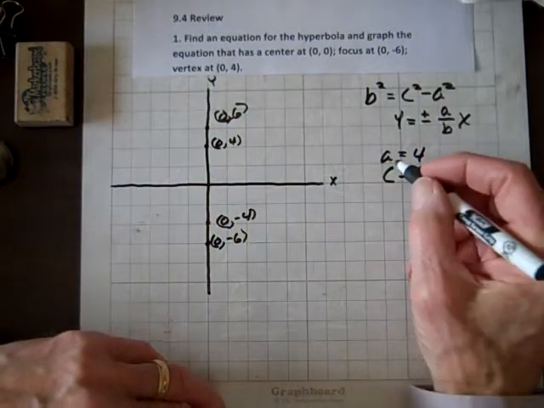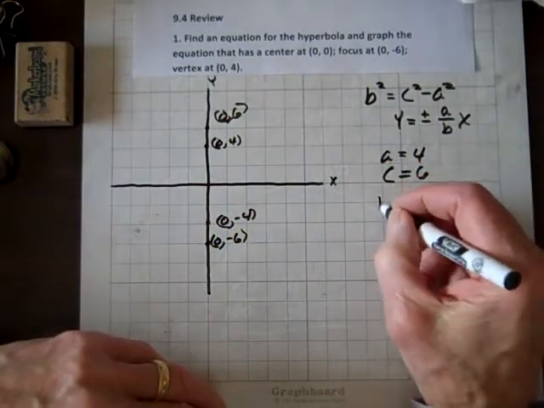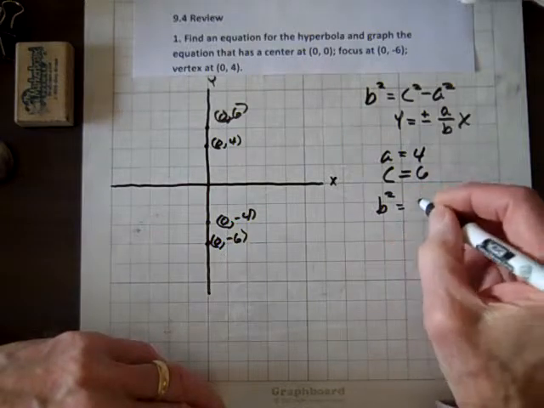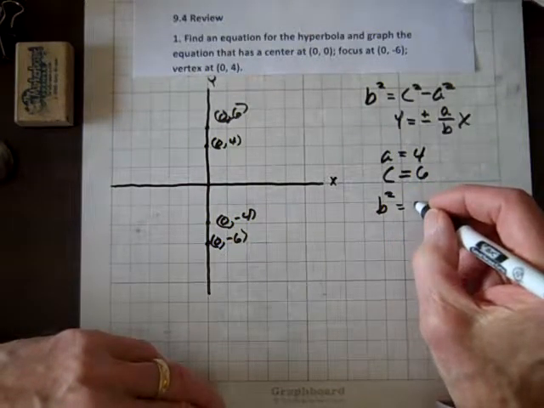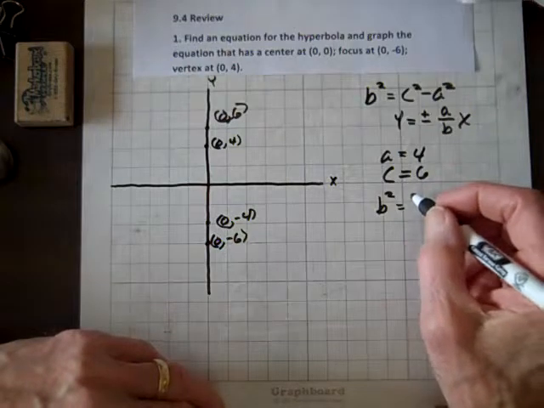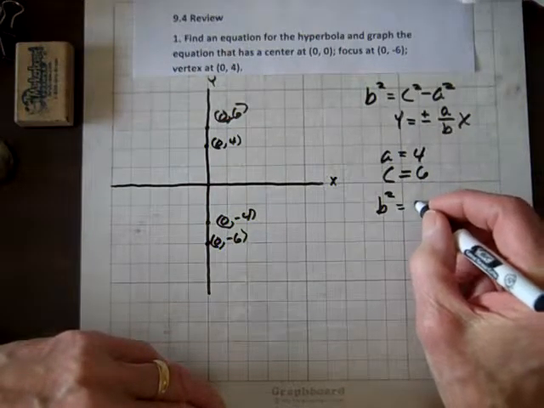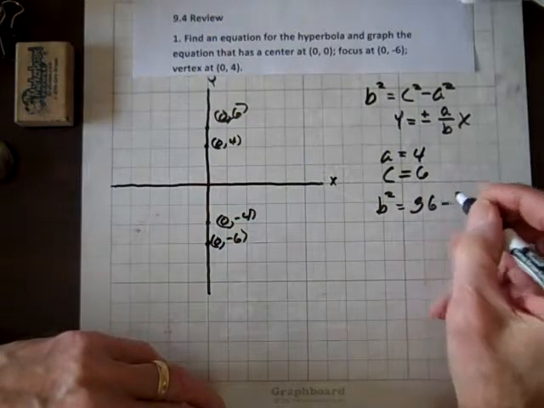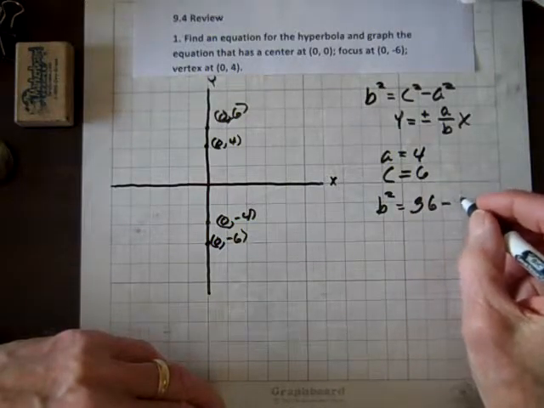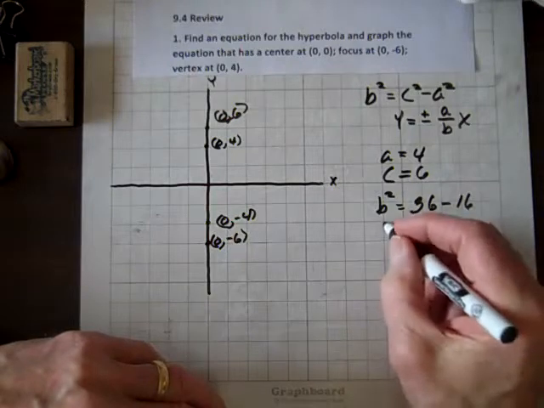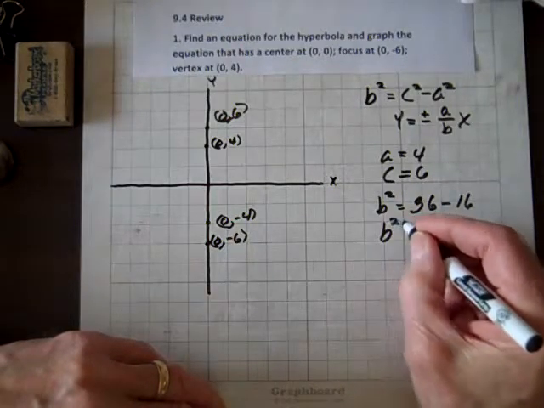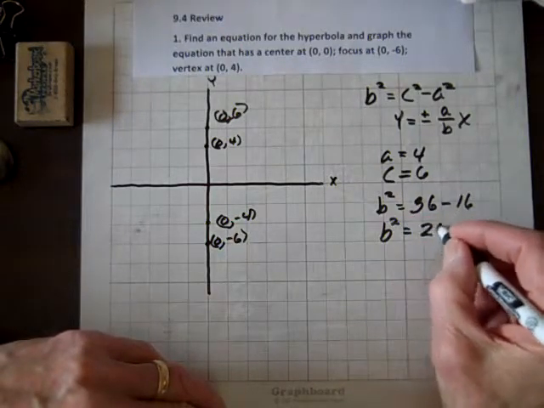And now we have to find b, so b squared equals c squared, which is 6, and if you square 6 you get 36, minus a squared, which is 4, and if you square 4 you get 16. So b squared equals 20.